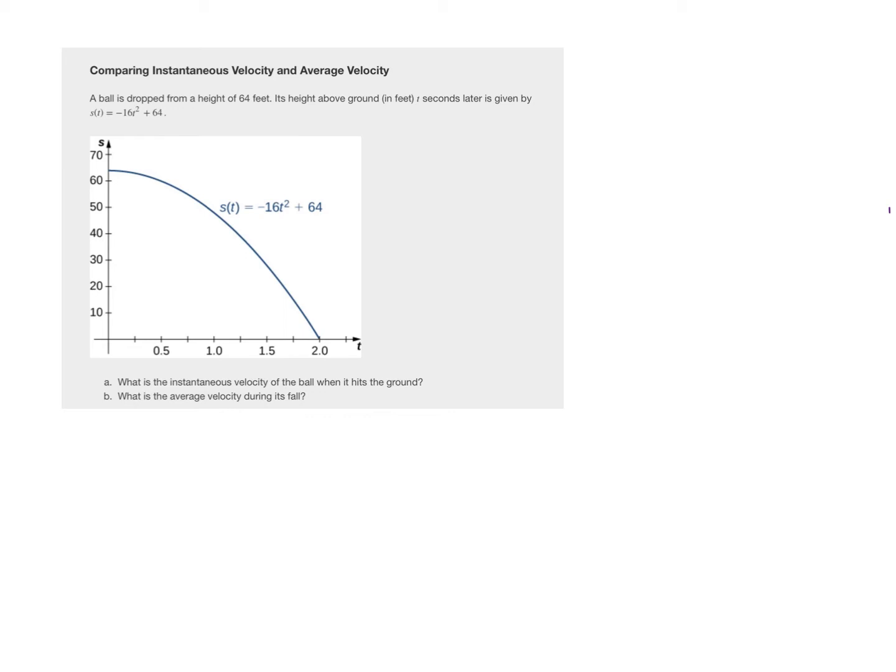In other words, they're asking us to find the average rate of change or the slope of the secant line during the fall. So we're actually finding the slope of the line segment right here. And to find the slope of that line segment, we can go back to our algebra days.